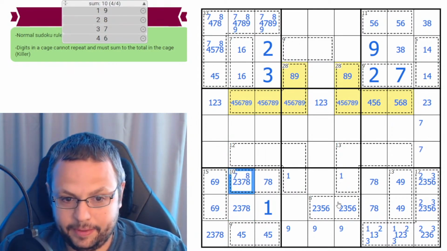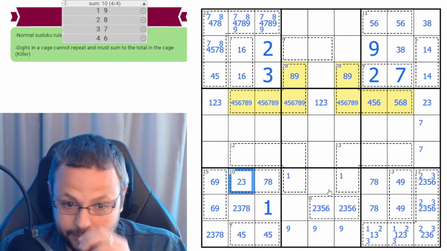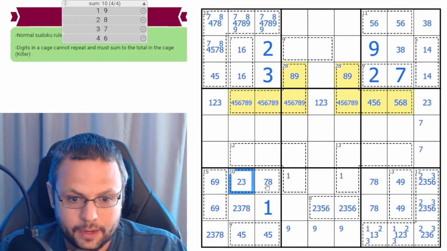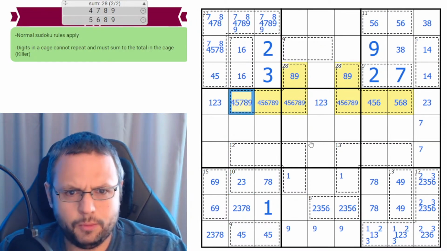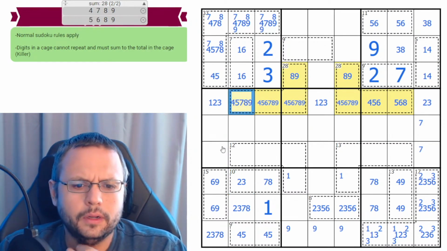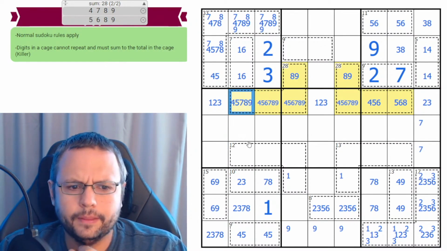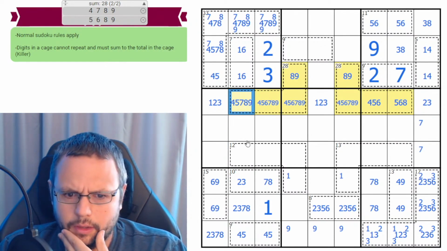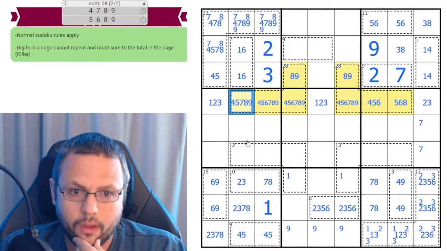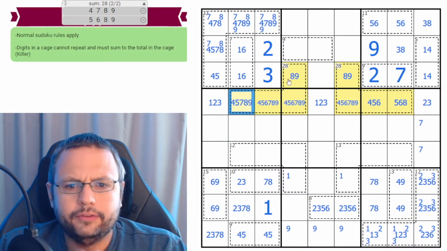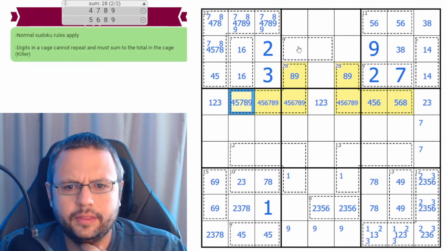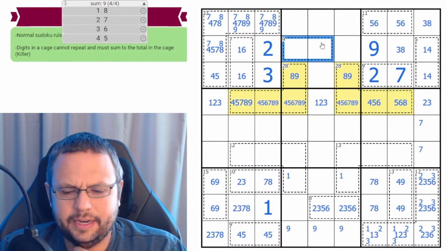That being a 7, 8 means this isn't a 7, 8. It's a 2 or a 3. This is not a 6 anymore. Okay, so this no longer has a 7 in it.